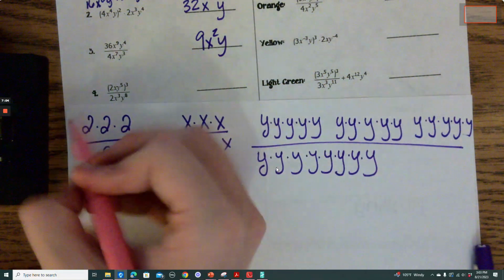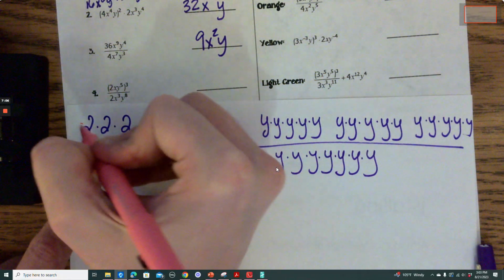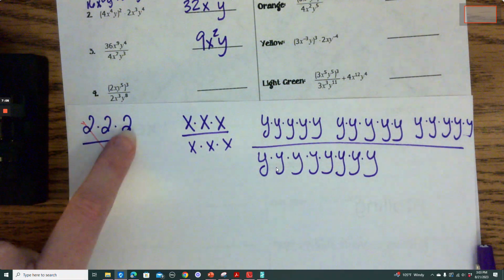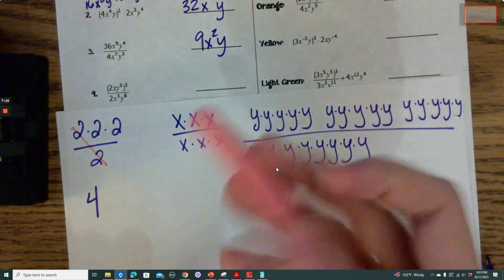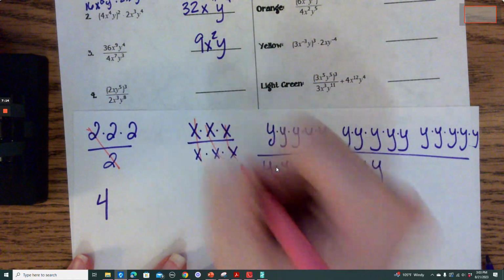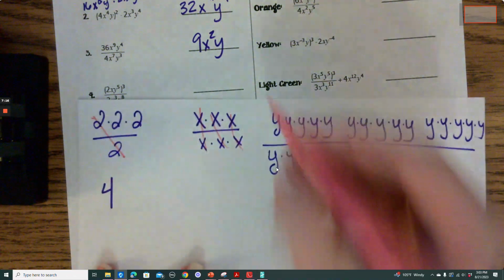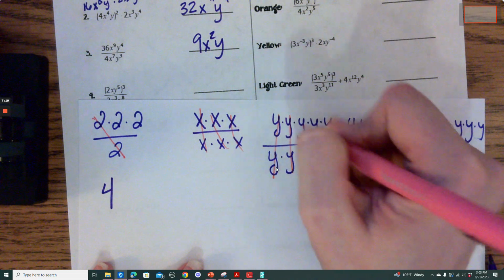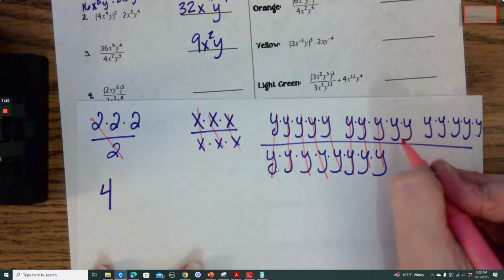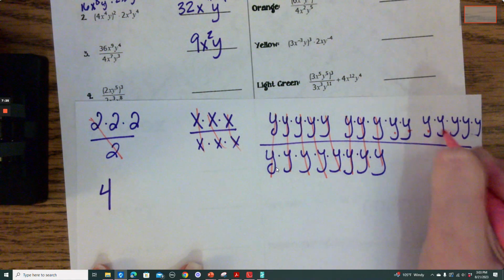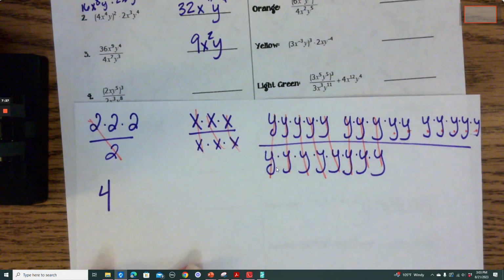All right. 2 on top, 2 on bottom. Those cancel. 2 times 2 just gives me a 4. All of the x's cancel out. So there's no x's. And then 8 of the y's. 1, 2, 3, 4, 5, 6, 7, 8. So I've got 1, 2, 3, 4, 5, 6, 7 y's left.